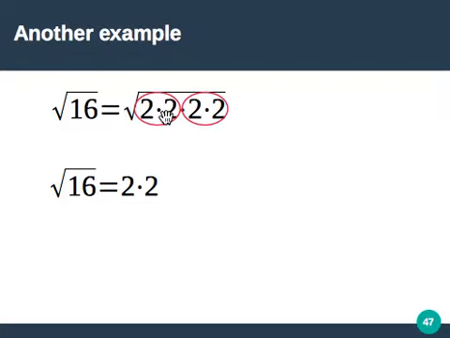So these two 2s have a square root that is just this 2, and this pair of 2s gives just one 2 outside. And of course, what's next? You multiply those by themselves, and you get a 4, which is what you were expecting.